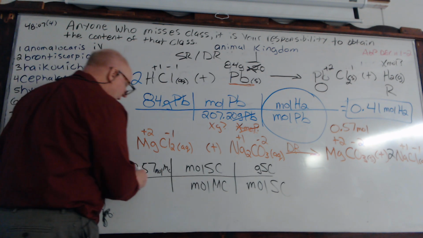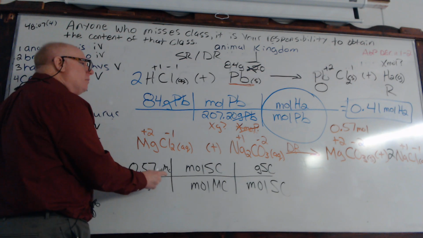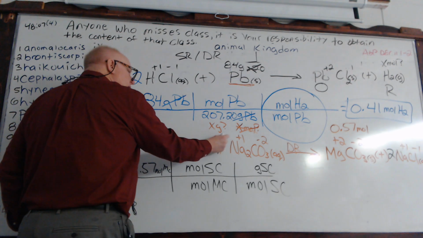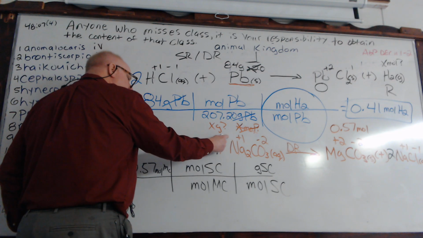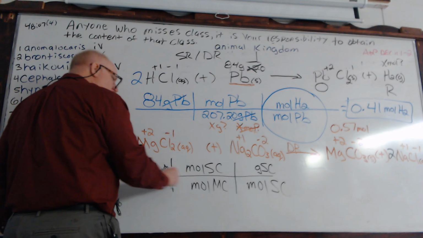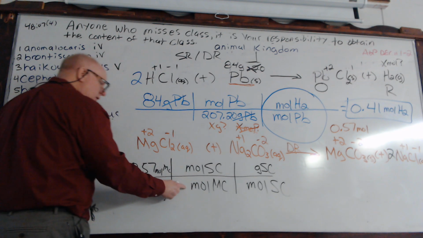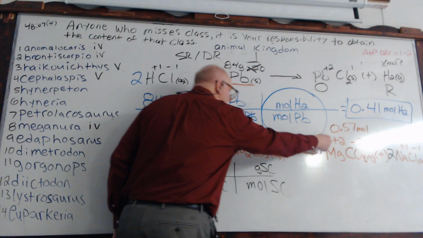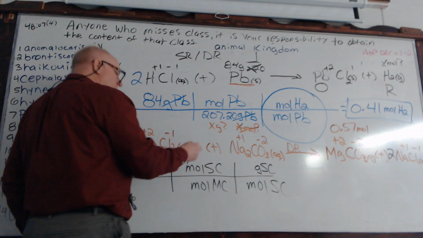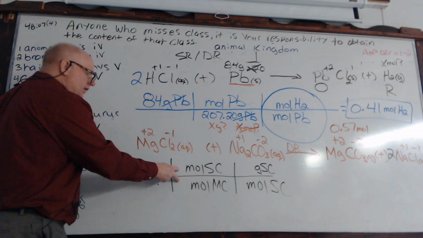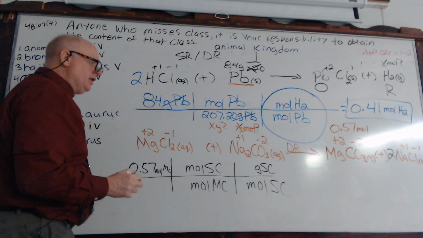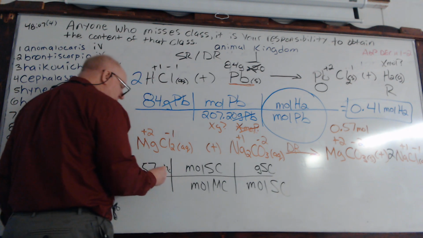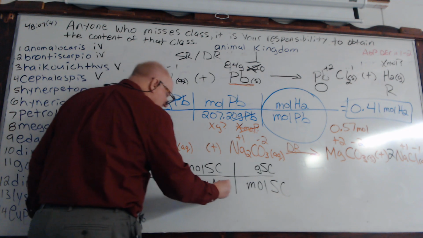If we had 0.57 moles of magnesium carbonate, that's what we're starting with, how many grams of this sodium carbonate would be required? Well, we canceled all our moles, okay, and we changed it from getting to this side of the reaction to this side in this mole ratio. Are there any coefficients that belong here? There are not, because it's a 1-to-1 ratio. So moles of magnesium carbonate have canceled.